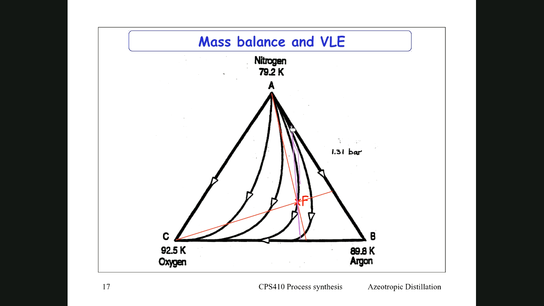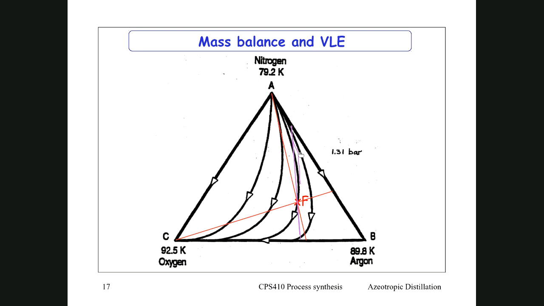So now we start seeing that we could start with that feed. We could have a distillation column that has a distillate composition that looks like that. We can go through the feed, and we can have a bottoms composition that looks like that, because we would still be crossing this residue curve.